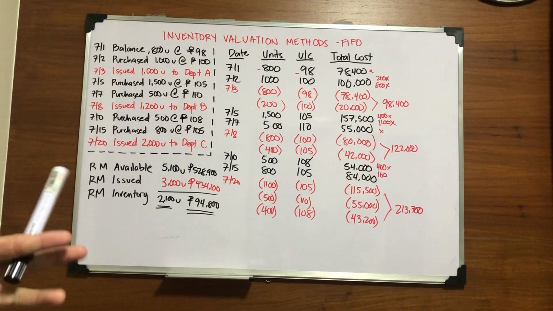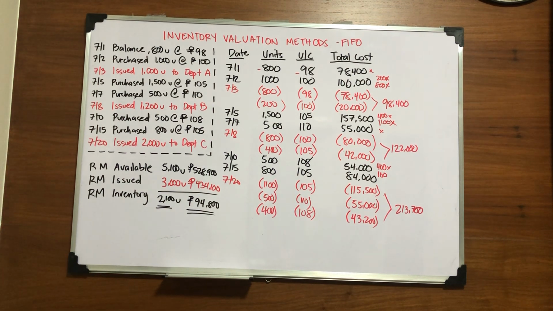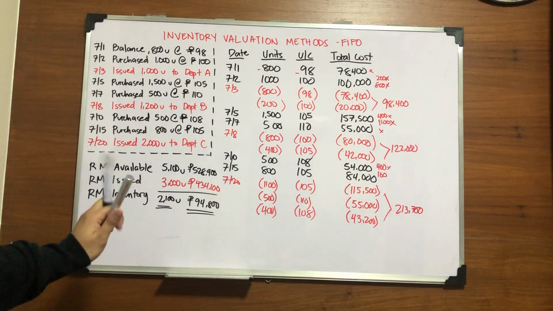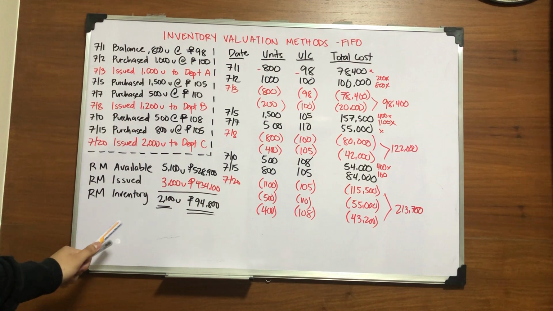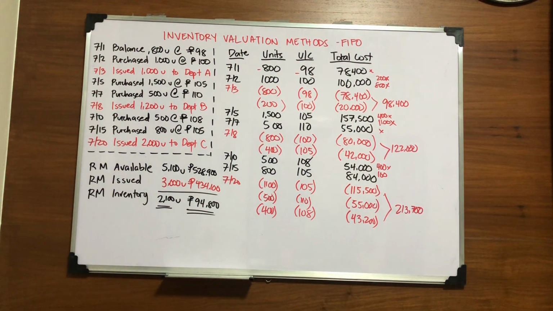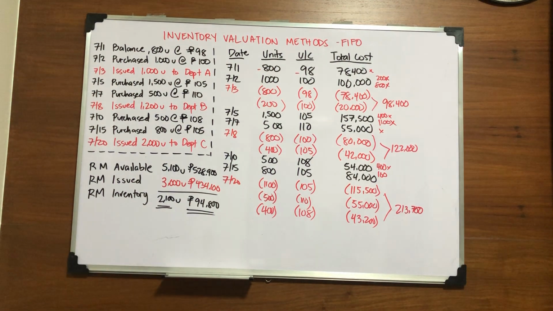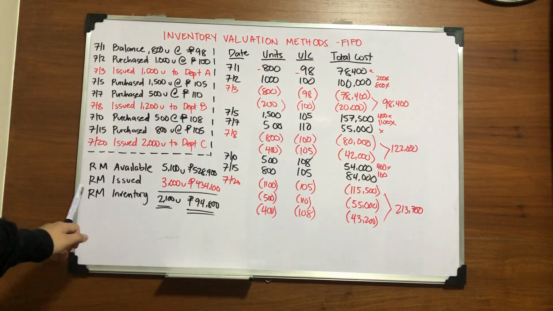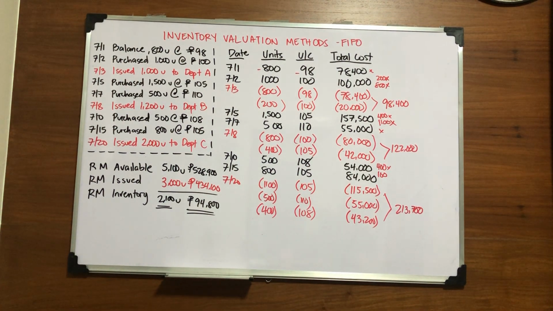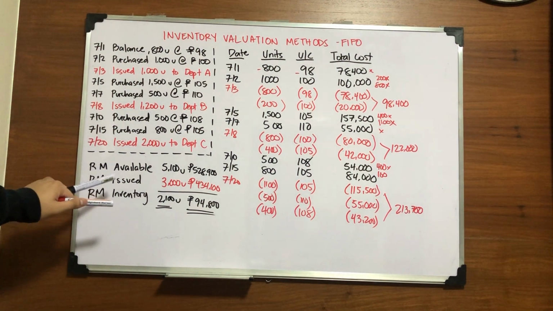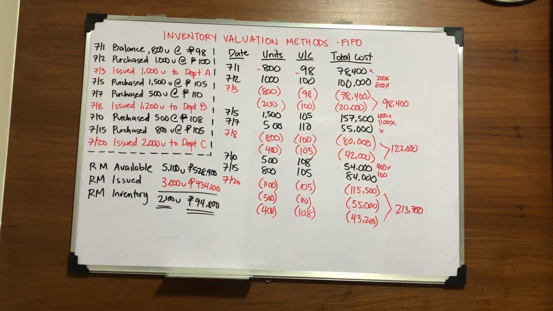So whatever happens, for FIFO, under perpetual inventory system and periodic inventory system, your raw materials inventory ending would always be the same. Because in here, we were able to determine the raw materials inventory by subtracting the available and used. But there's a shortcut to it.